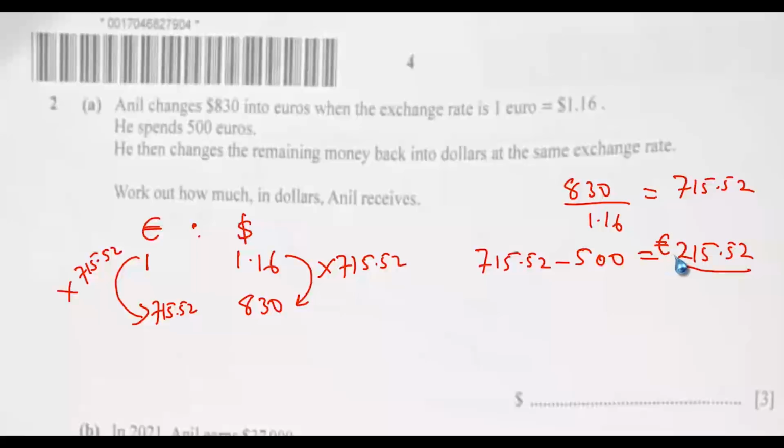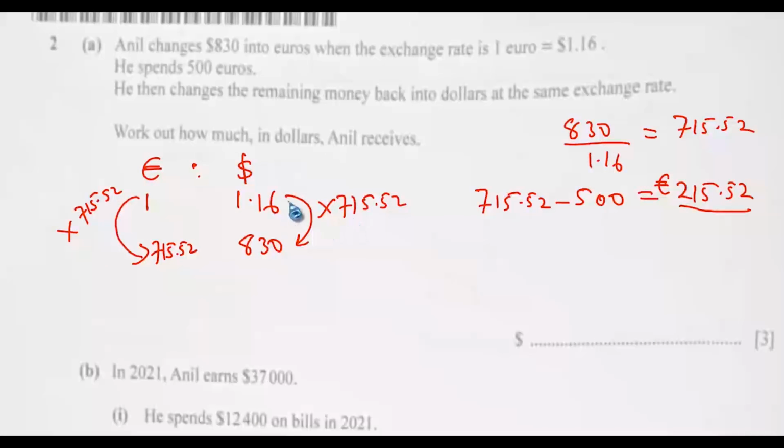Let me put the euro sign there. So that means we need to make use of the same exchange rate. So we still have euro ratio dollar here, that is 1 to 1.16. So we have 215.52 euros now.